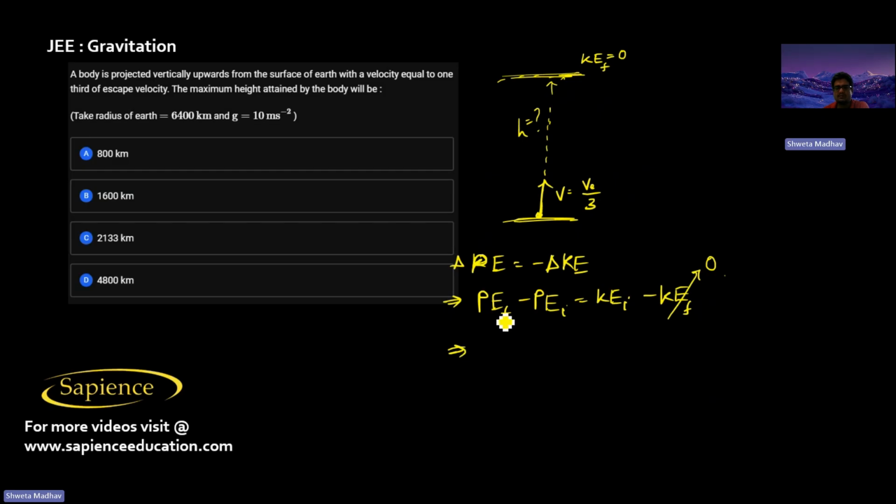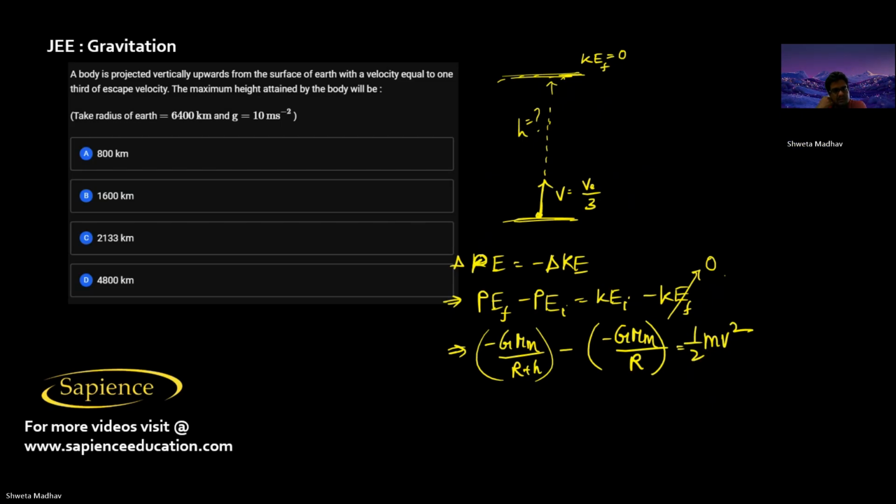So the final potential energy will be equal to minus GMm by r plus h, then minus the initial potential energy at the surface of the Earth, which is minus GMm by r, that is equal to the initial kinetic energy, which is half mv square.